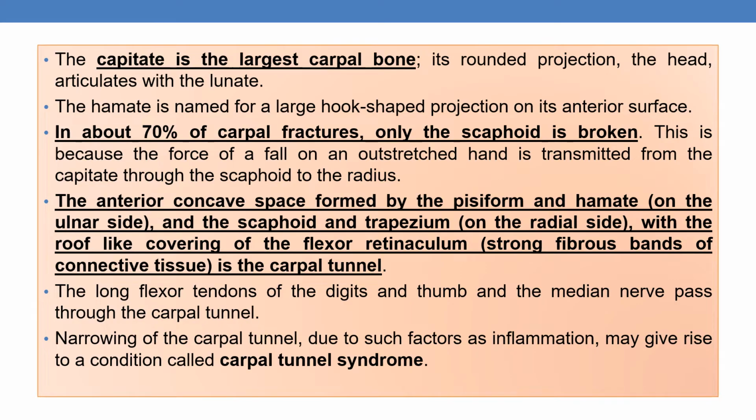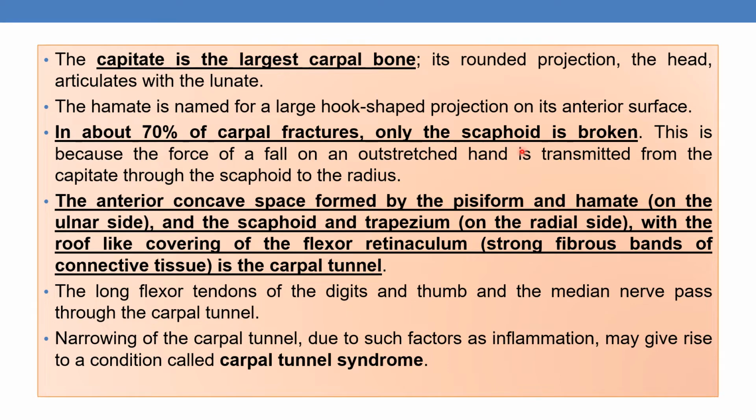Now coming to some more points regarding the carpals. The capitate that we have discussed earlier is the largest carpal bone and its rounded projection, the head, articulates with the lunate. And hamate is named for its large hook-shaped projection on its anterior surface. One more important point is, in about 70% of carpal fractures, only the scaphoid bone is broken.